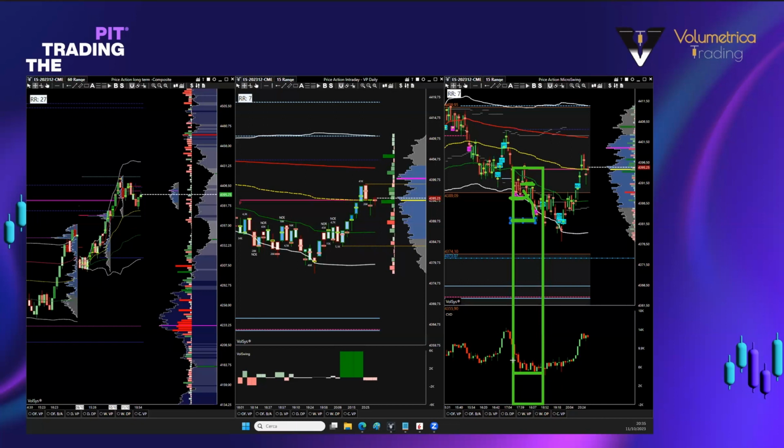So this is the opposite situation compared to the one we were talking about here, because here we said that buyers were absorbed by sellers. So despite lots of energy, buyers didn't make it.